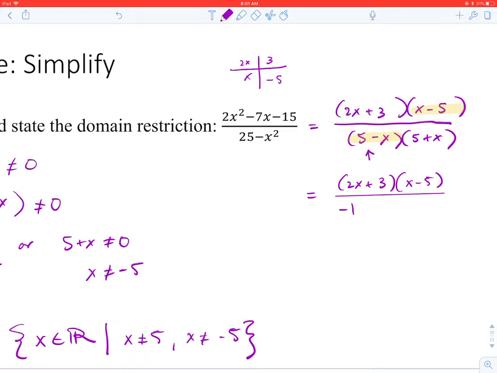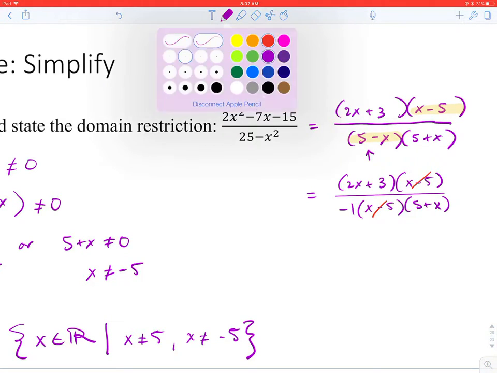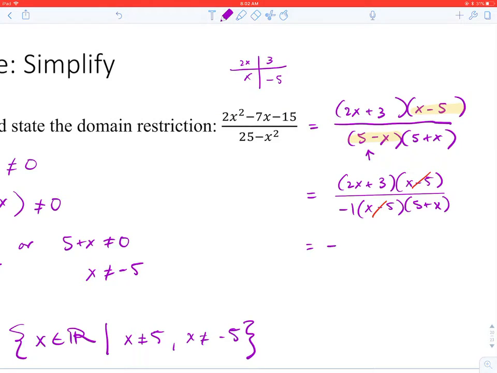I could have factored out a -1 from the x minus 5 too to make it match the 5 minus x, but I'm going to change this so that it's x minus 5. So now I can see that the x minus 5s will cancel. Again, I'm going to pull the -1 out front. I don't have to write a -1. I can just put the negative to mean -1.